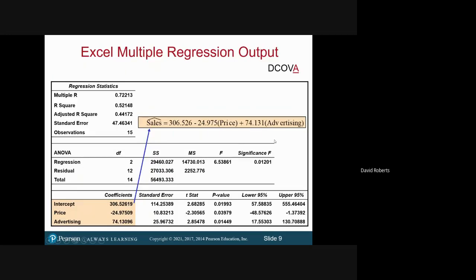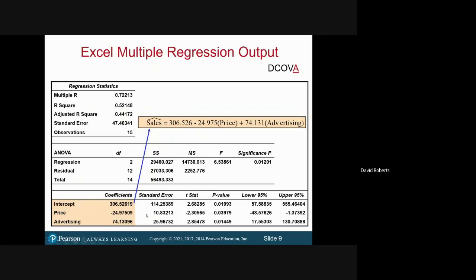So we've got our calculation. I'll show you how to do this. It's the exact same as simple regression. We can see we have the y-intercept of 306. We see that the price is negative.